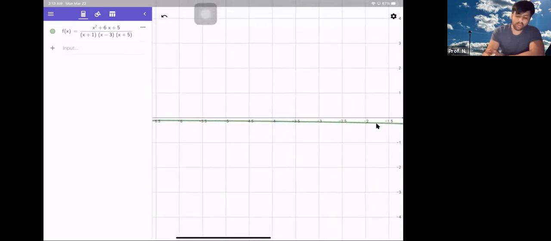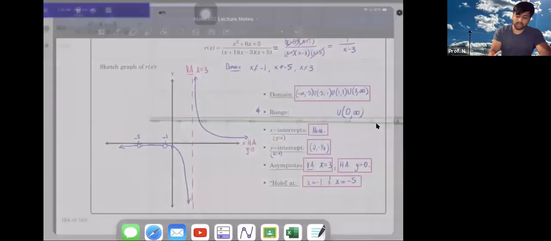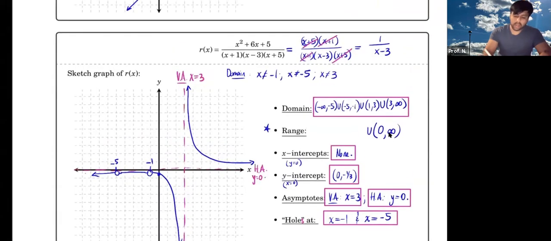So then what we're going to do is try to figure out what the y values are for those points at -1 and at -5 if this were to actually exist. So remember, this function is 1 over x minus 3 when x is not those x values.